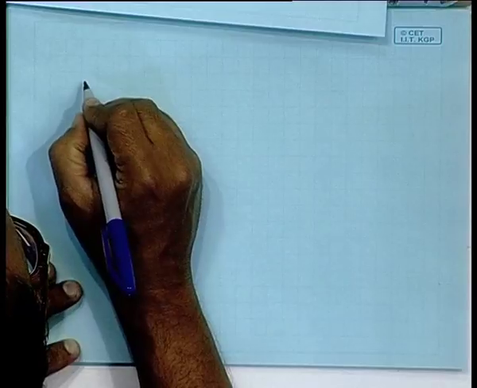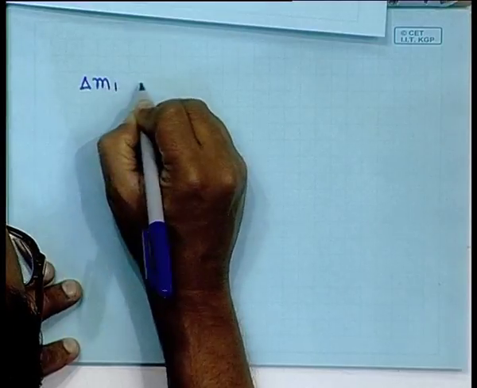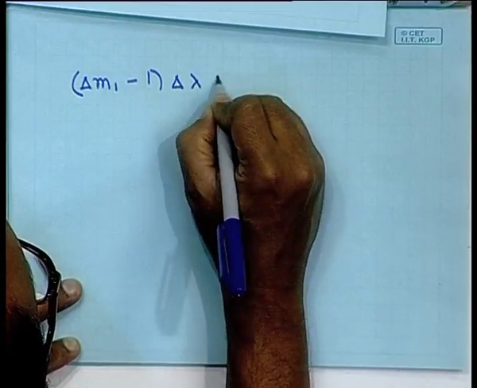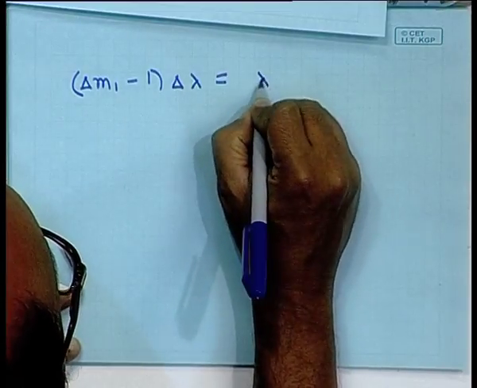What it gives me is (delta m1 minus 1) into delta lambda is equal to lambda 1.